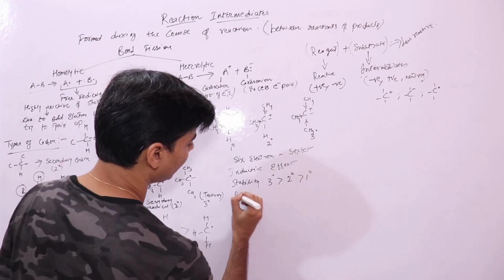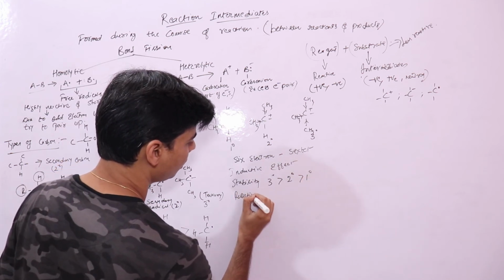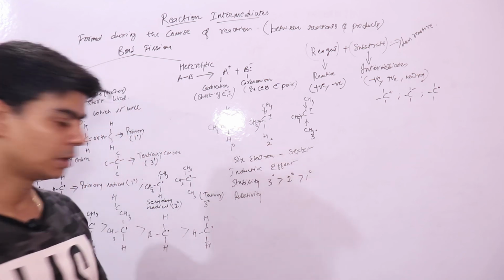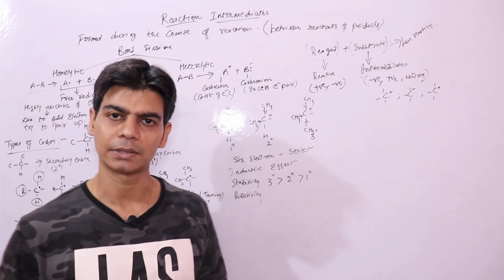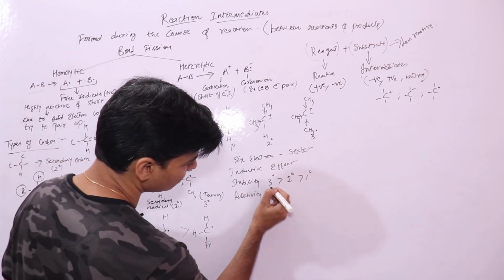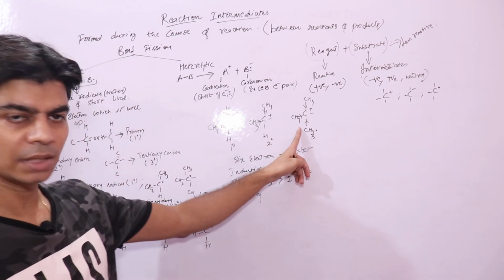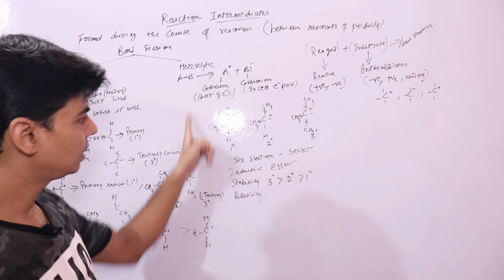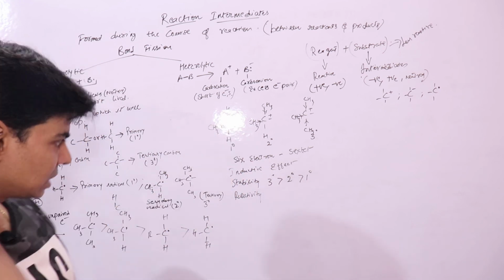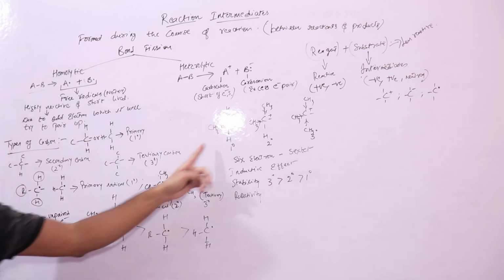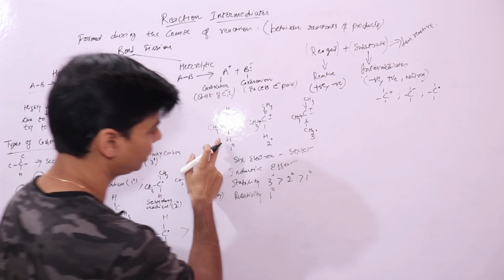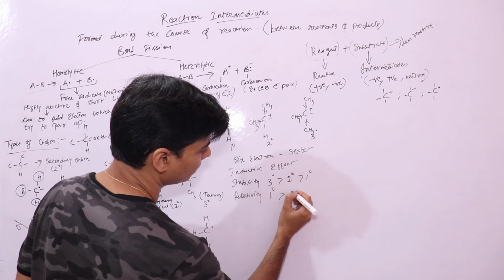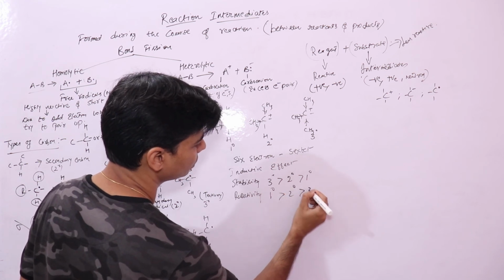If we talk about reactivity, reactivity is reverse of stability. If it is more stable, it is less reactive, right? So this is more stable, this is least reactive. This is least stable, this is more reactive, right? So maximum reactivity is of 1 degree, then comes your 2 degree, then comes your 3 degree.